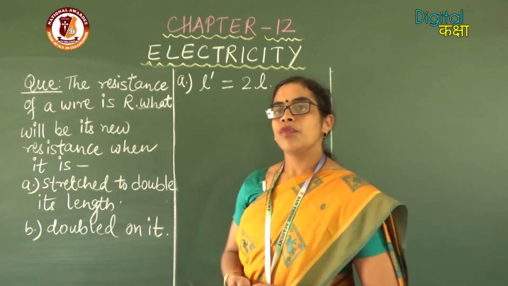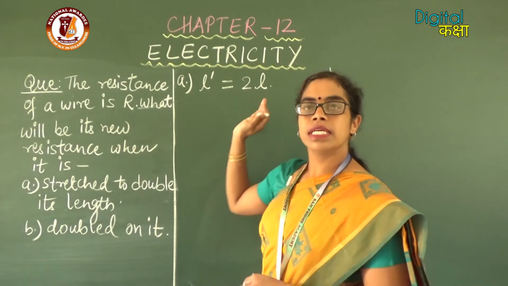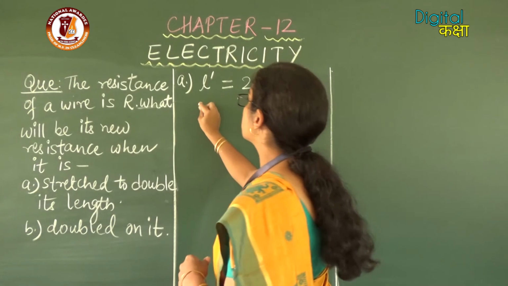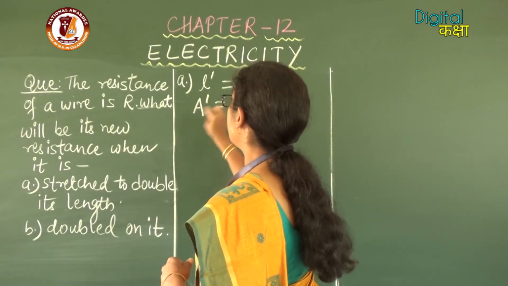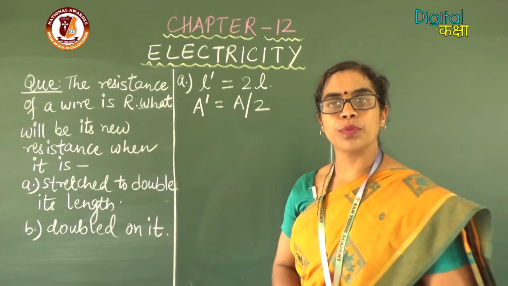That is why, when the new length is double its initial length, its cross-sectional area A dash will be equal to half of its value.